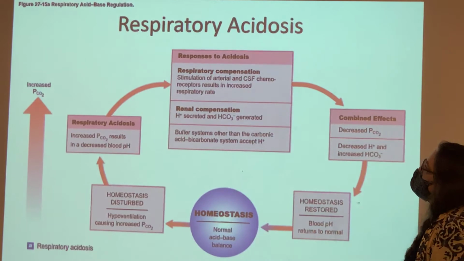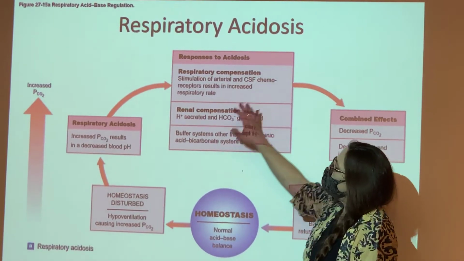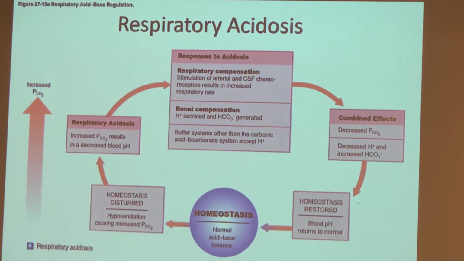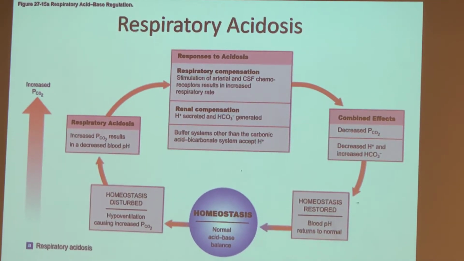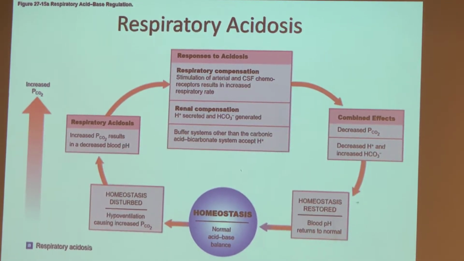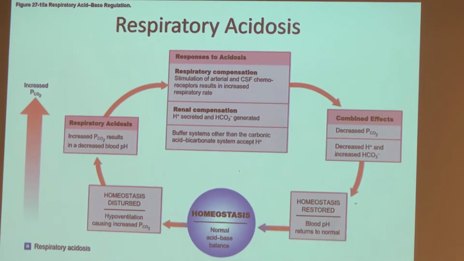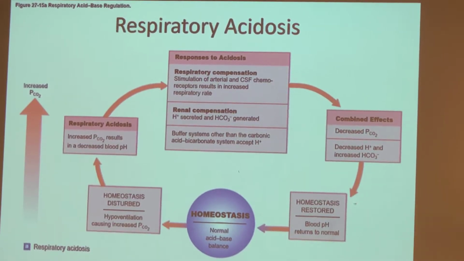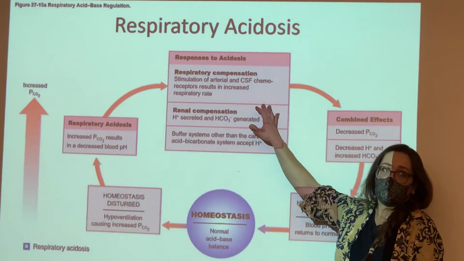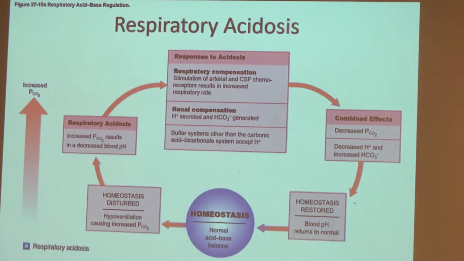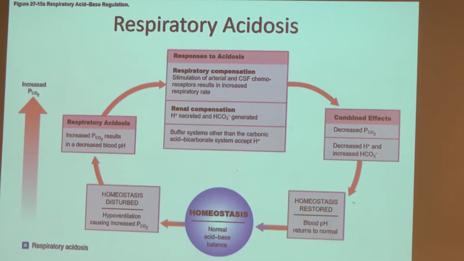The respiratory system, we will see a respiratory reflex try to get triggered, okay? Now, depending on why we're hypoventilating in the first place, will determine if we can change our respiratory rate. We may not be able to, but the body will try to trigger a respiratory reflex to increase respiratory rate so that we can get rid of CO2.